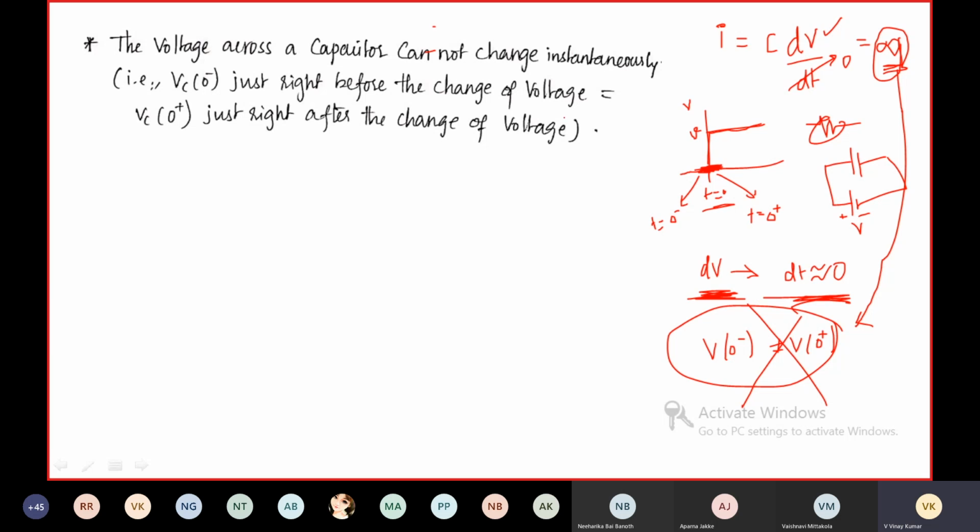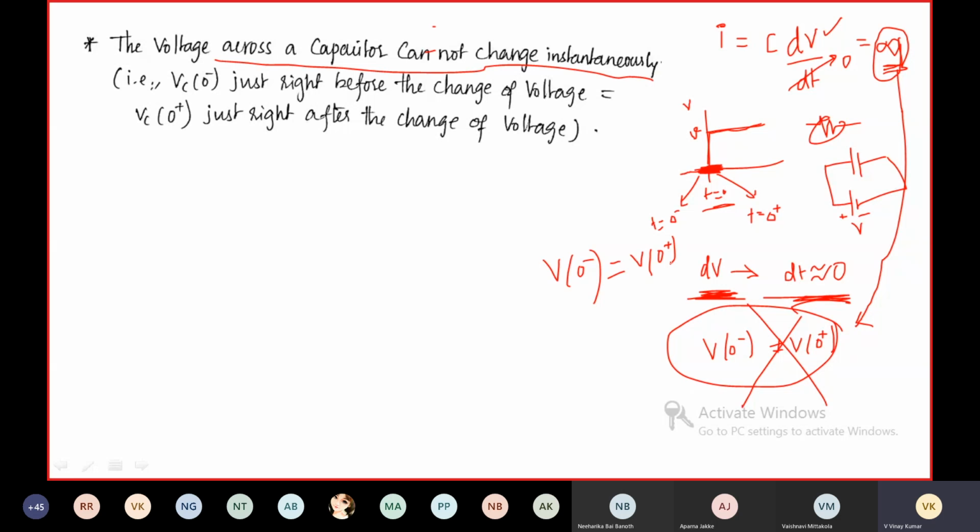That's why voltage across a capacitor cannot change instantaneously. That is, within zero time, voltage across the capacitor cannot change. Means V of 0 minus is equal to V of 0 plus.